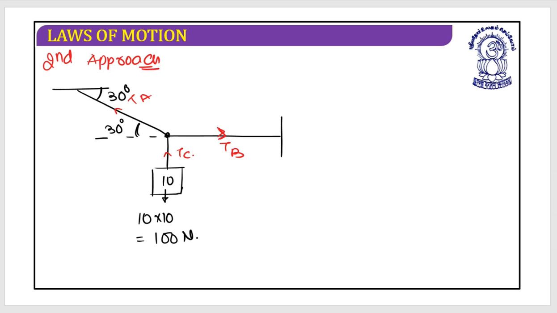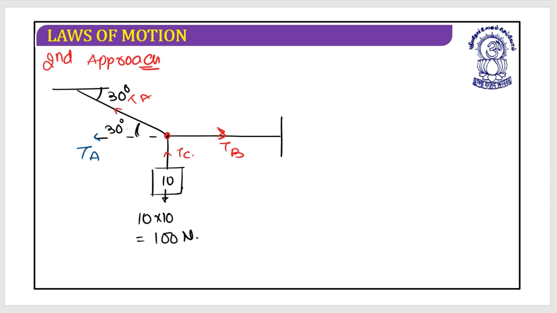Now what can you do? They have already mentioned that this point P is in equilibrium. That means the net force acting on it is 0. So let's resolve this vector into cos and sine components.